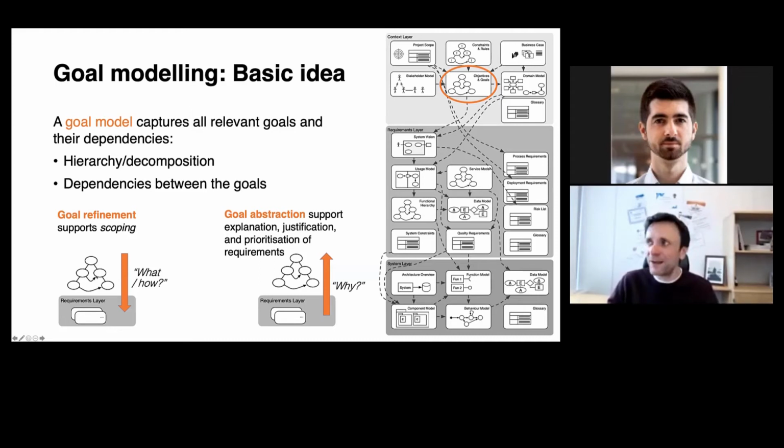With those I express that the achievement of one goal might have a positive influence on the achievement of the next, but the other dependency is actually more important for us because it's a conflict dependency. A conflict dependency means that achieving one goal tends to have a more negative influence on the other goal. Do you have an idea or an example for a typical conflict dependency at the level of goals?